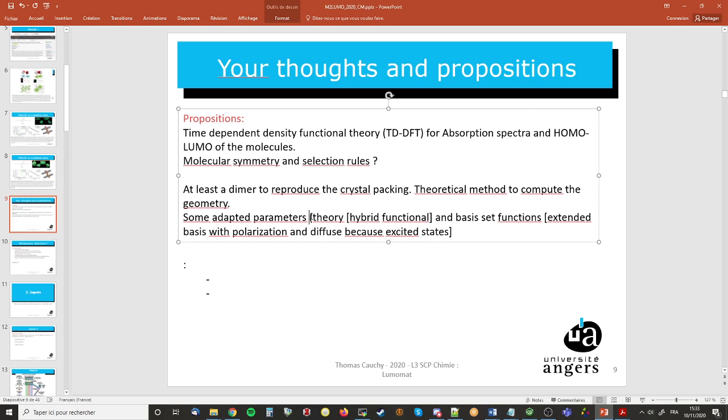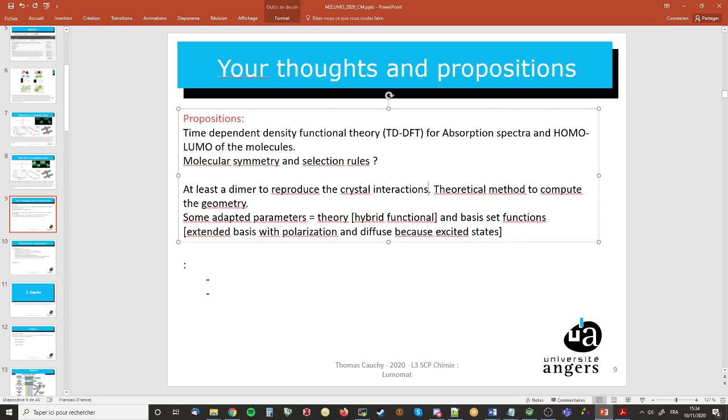Okay. You told me the geometry, and then what? I didn't recall if you told me anything else. So you told me at least a dimer to reproduce a crystal packing or interactions. Yes.